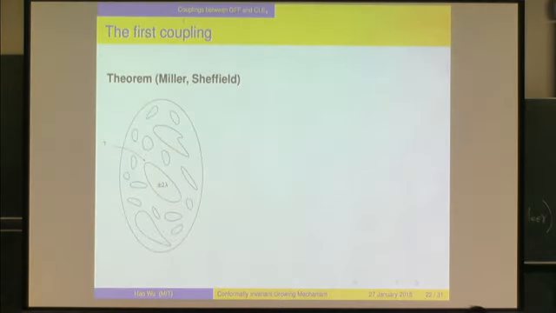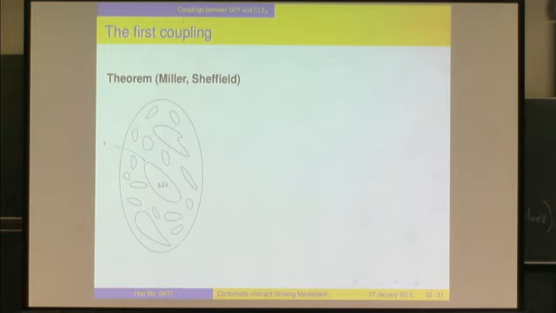And now we can talk about the couplings between the Gaussian free field and the CLE4. Before we talk about the coupling, we have two observations. We know from the previous introduction that the SLE4 curve corresponds to the level line of the Gaussian free field.